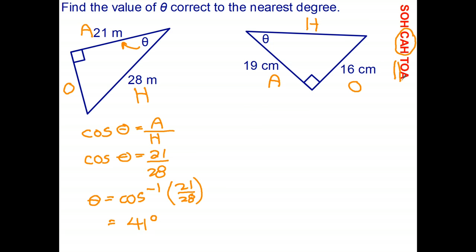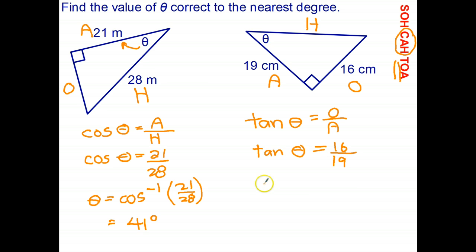So that means I've got to use the tangent ratio to solve this particular question. So the tangent is the opposite over the adjacent. We write in everything that we know. The opposite side is 16. The adjacent side is 19.